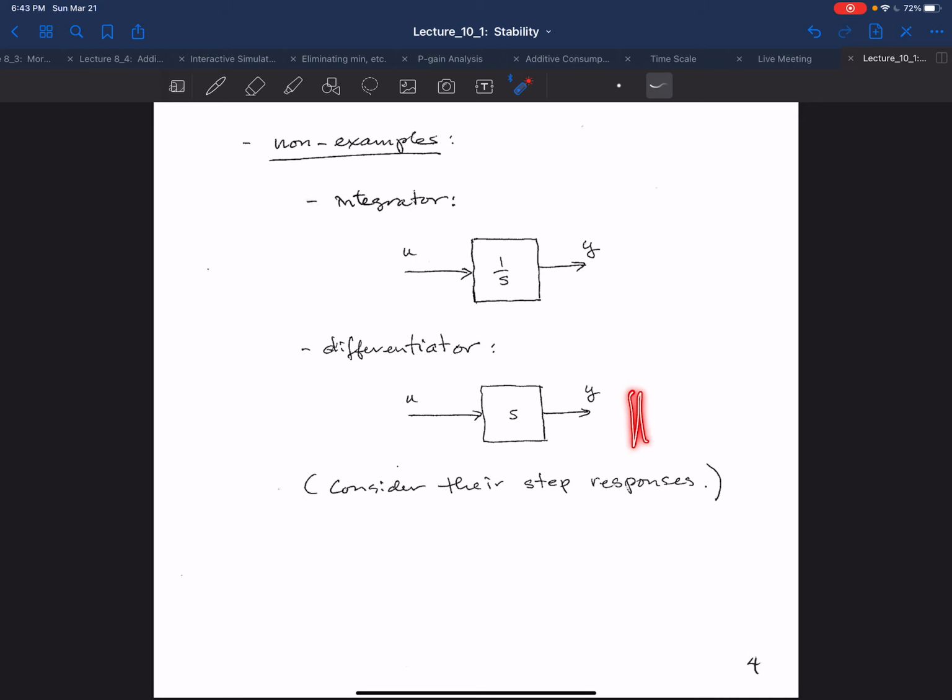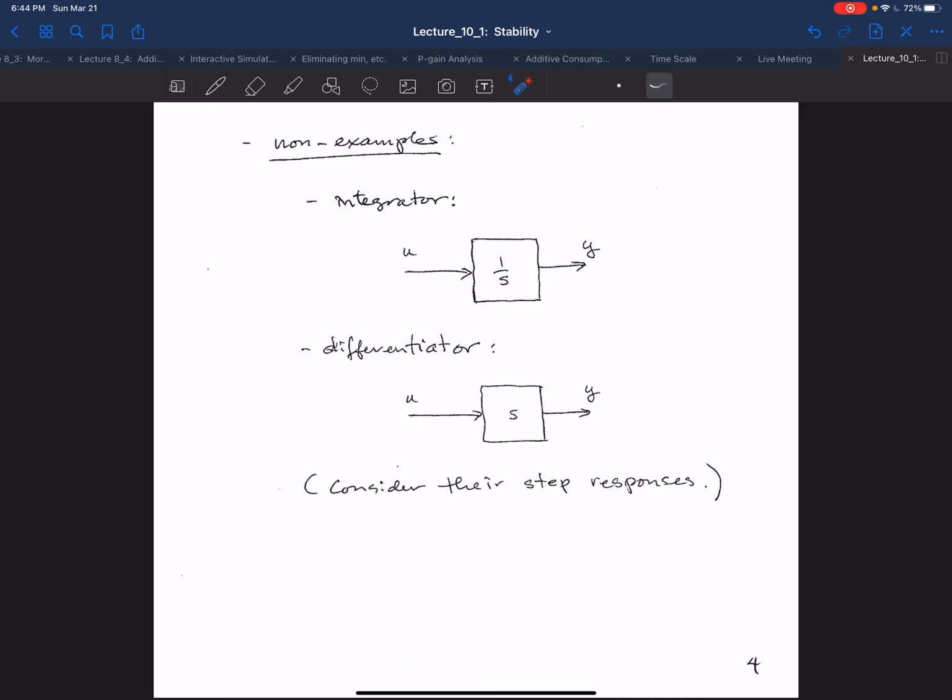What about the differentiator? In the case of the differentiator, the transfer function doesn't have any poles, so it has to be considered stable. Stability is a condition on all of the poles of a transfer function. In this case, it's satisfied vacuously because there aren't any poles. However, this transfer function is not proper. If we view this as a rational transfer function, if you like, it's s over 1.